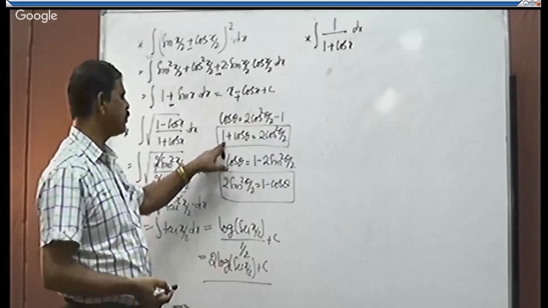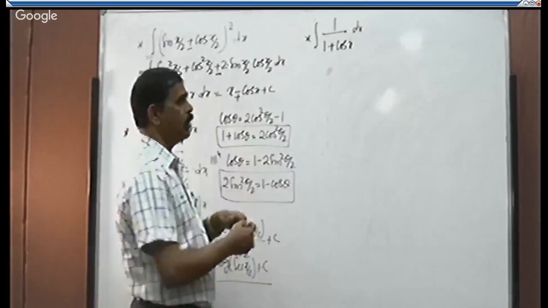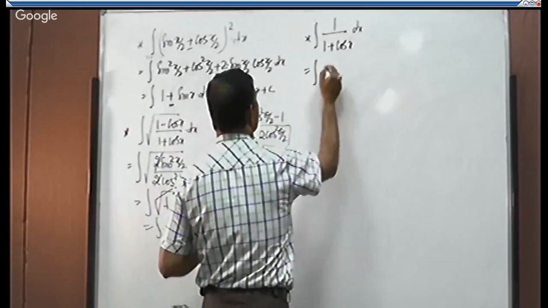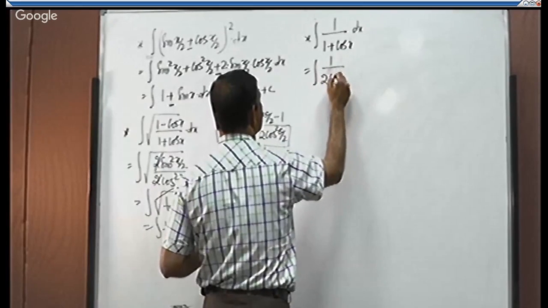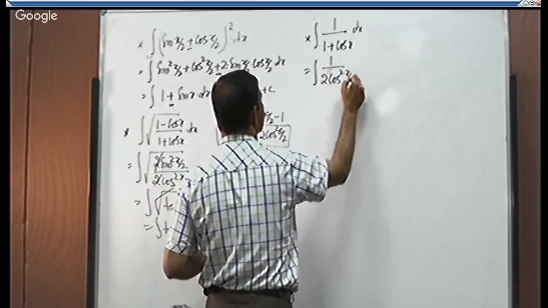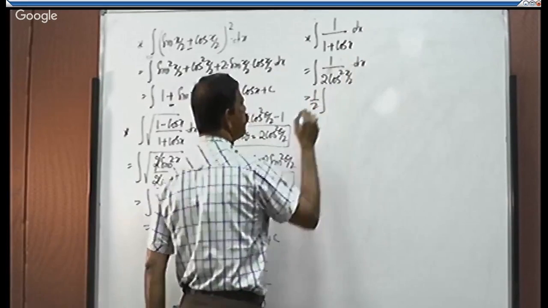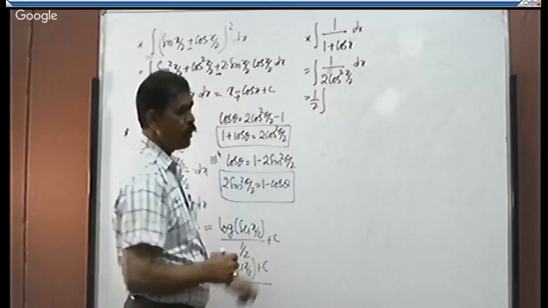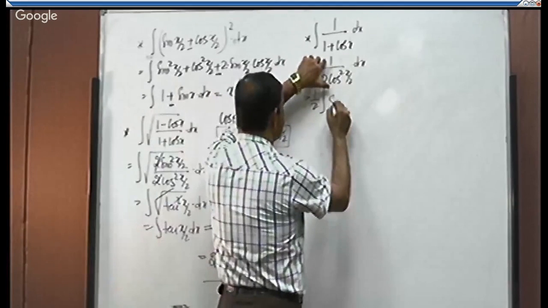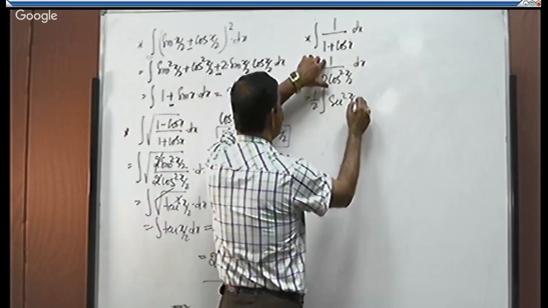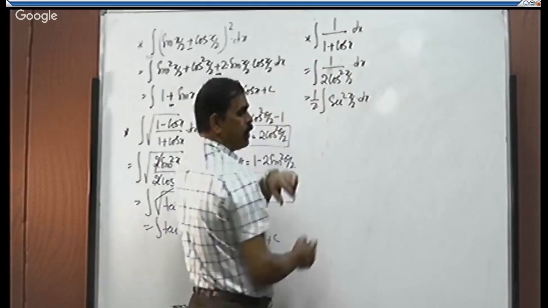1 plus cos theta is what? 2 cos square theta. So this is 1 divided by 2 cos square x by 2. Correct? Take 1 by 2 outside. What is remaining? 1 by cos square. 1 by cos square becomes what? Secant square x by 2 dx. Now it is integrable.